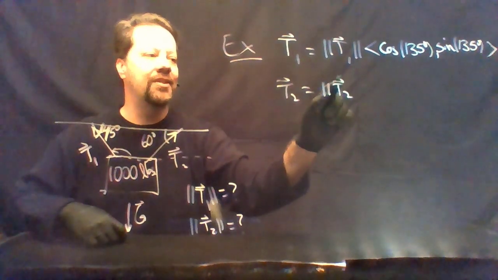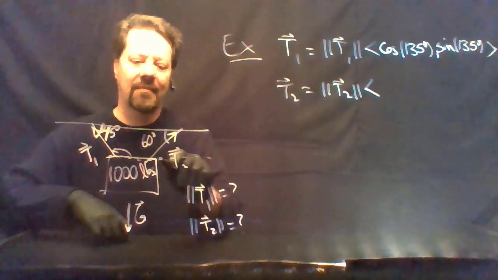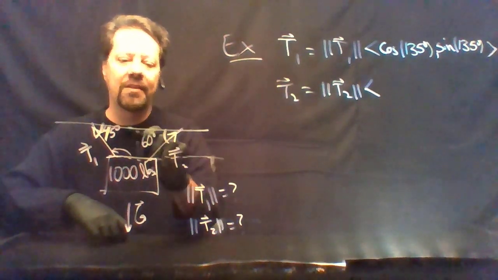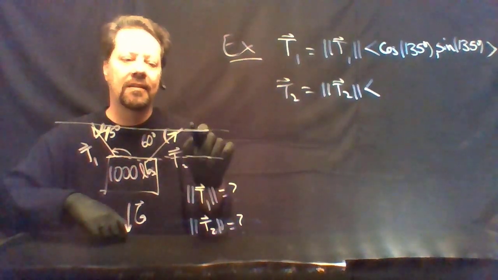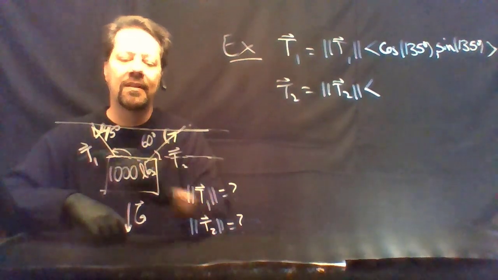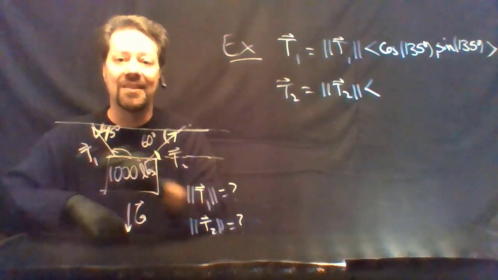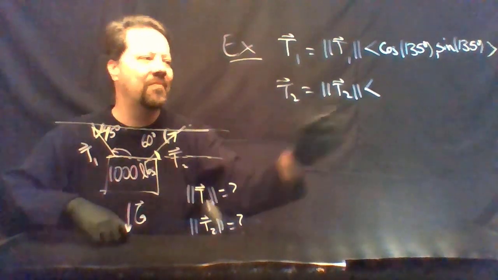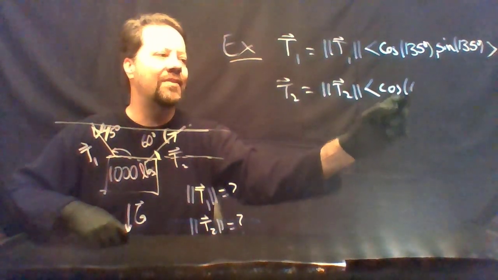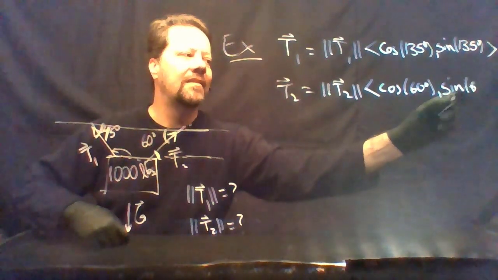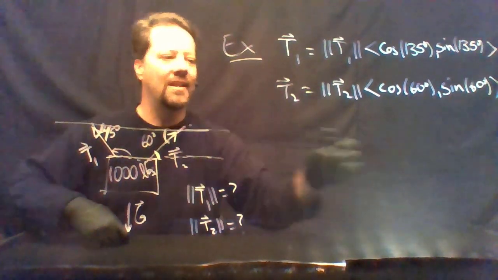Now, how about tension 2? If the angle up here with the ceiling is 60 degrees, here we have parallel lines cut by a transversal. Alternate interior angles are equal, so its direction angle is 60 degrees. So we'll have the cosine of 60 degrees, the sine of 60 degrees.